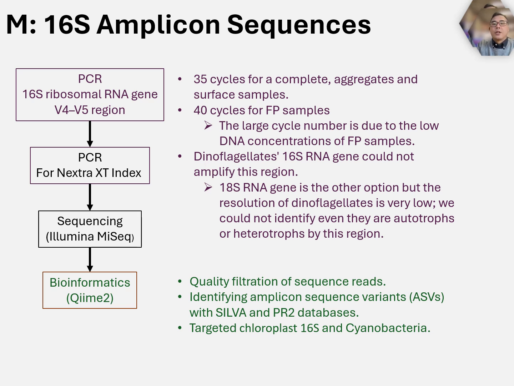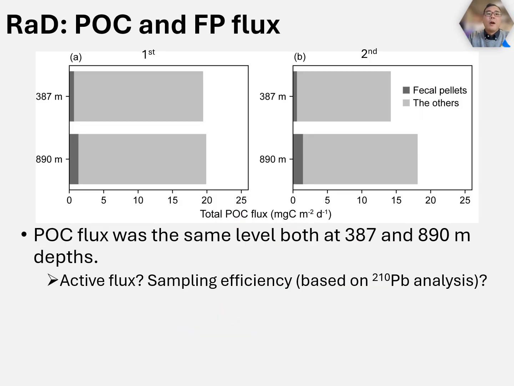The sequence results were analyzed by QIIME2, and ASVs were identified based on the SILVA and PR2 databases. First, we check the POC flux. The flux at around 400 meter depth was the same as at around 900 meter depth.